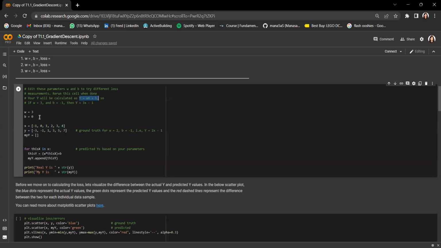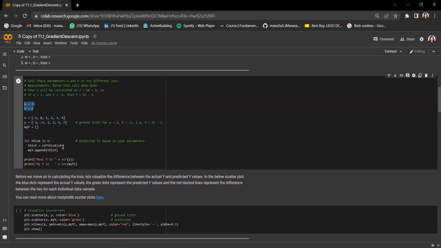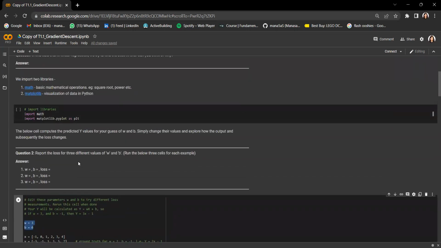So here w and b are your parameters. Given this small data set to work with, we are going to try different values of w and b. We're going to calculate our estimated y values with our w and b and see how it varies from the actual ground truth.